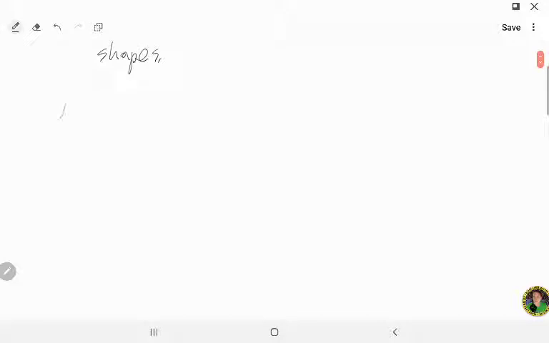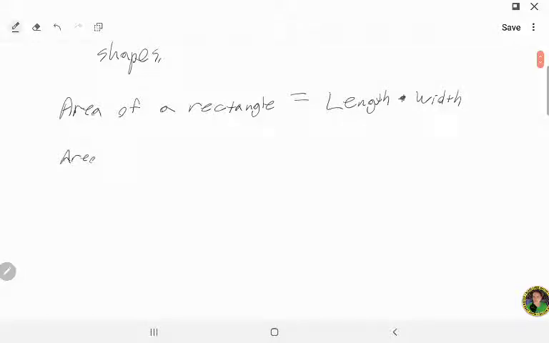We notice that we should recall the area of a rectangle is length times width. Area of a triangle is equal to 1/2 times the base times the height.